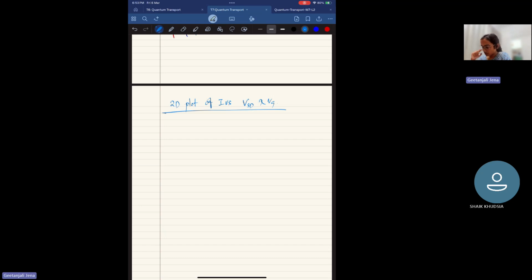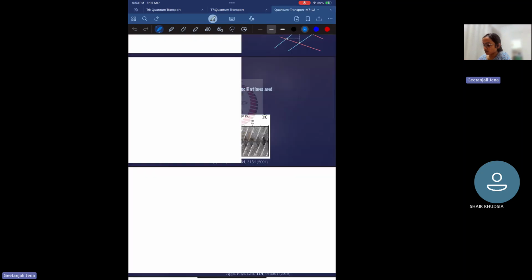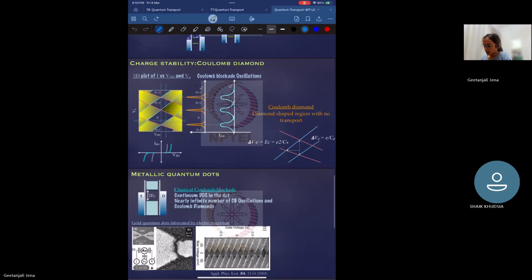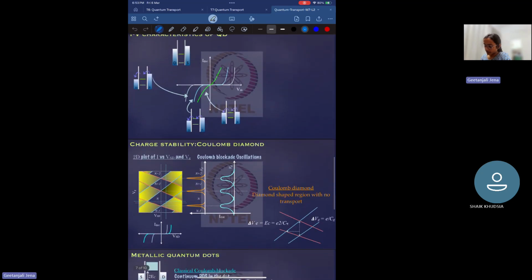Just to give a brief overview, if you see this graph, this colored region is the current region, and on the y-axis we have gate voltage, and on the x-axis we have the drain to source voltage.